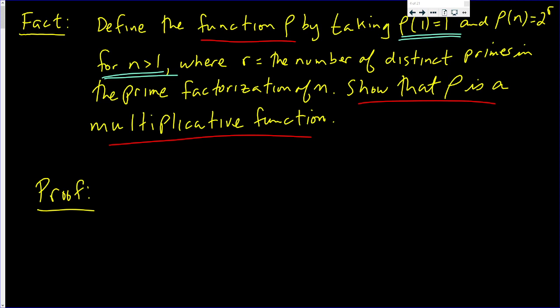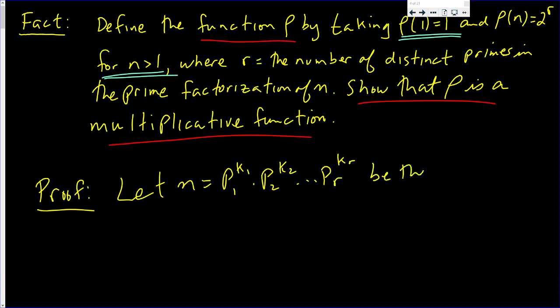So let us pick an n. Let n equal p sub 1 to the k sub 1 times p sub 2 to the k sub 2, all the way to p sub r to the k sub r, be the prime factorization of n.